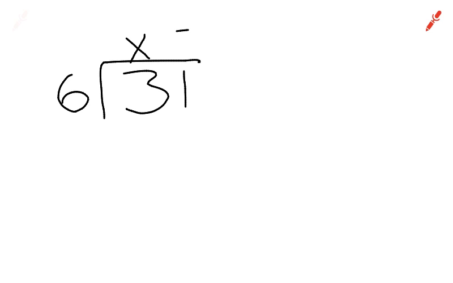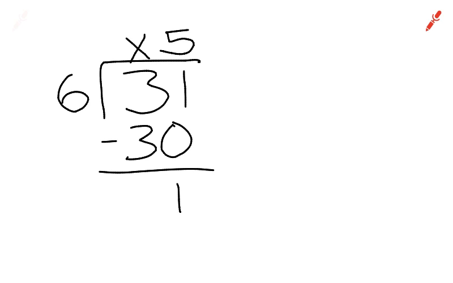What do we get, Bella? 30. Let's go ahead and subtract, and we're left with 1. So our answer is what, Zara? 5 remainder 1. What should we do to that answer? You should circle it. Good job.